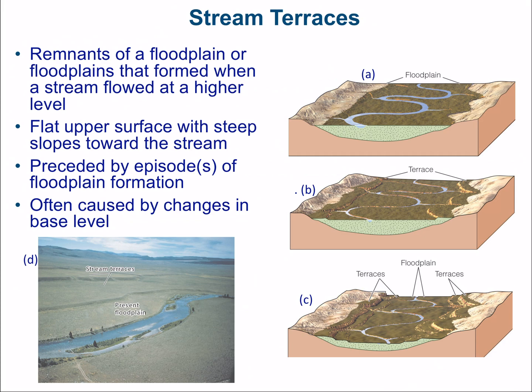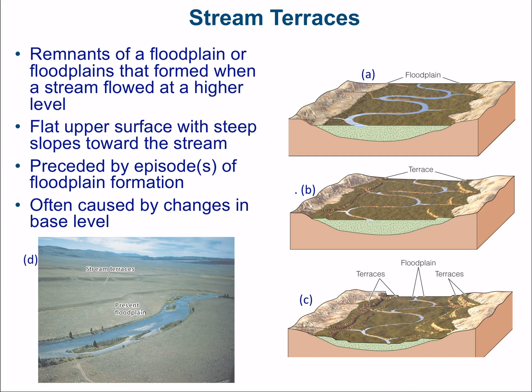Your flat upper surface is going to have steep slopes toward the stream. You are going to have erosion episodes that occurred before the formation of your floodplain. And the stream terrace, you're often going to see it caused by changes in base level.